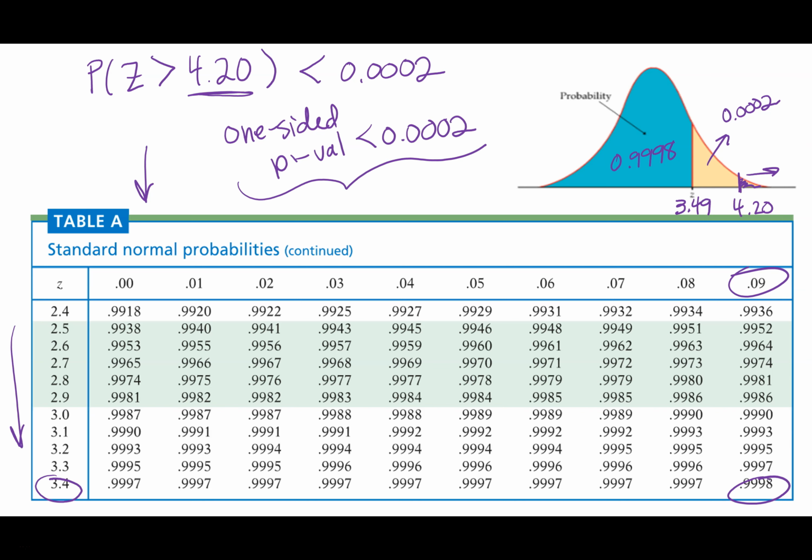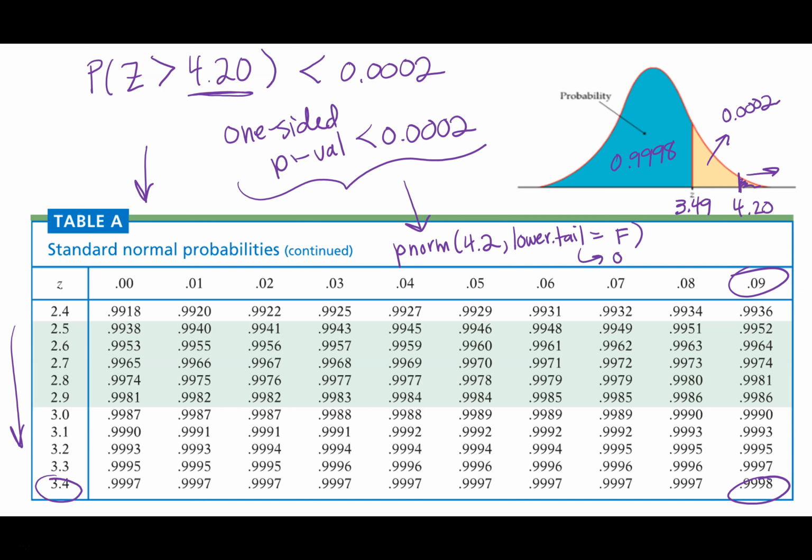Things to consider: it is a one-sided test. I only wanted to know if the tuition had increased, so I'm not going to multiply this p-value by 2. I can also use pnorm of 4.2, and then I'm going to say lower tail is equal to capital F for false, and it will give you that probability.